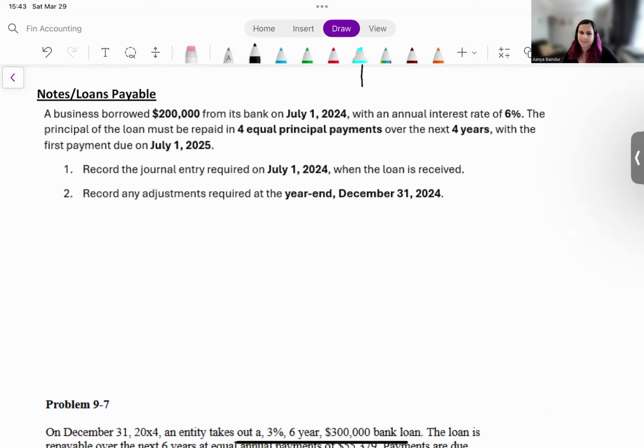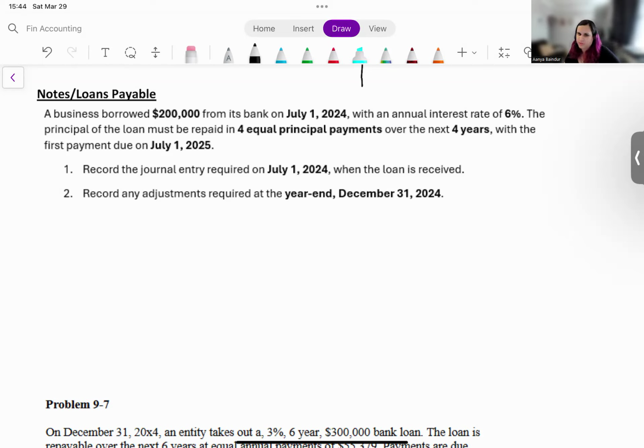This tells us that the business borrowed 200,000 from its bank on July 1st, 2024, and there was an effective interest rate of 6%. The principal of the loan must be repaid in 4 equal principal payments over the next 4 years, with the first payment due on July 1st, 2025. We have to record the journal entry required on July 1st when we got the loan, and any adjusting entry at the year end.